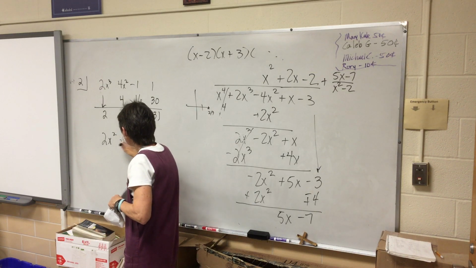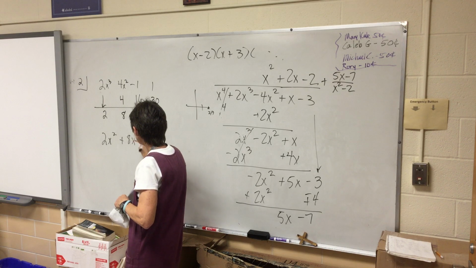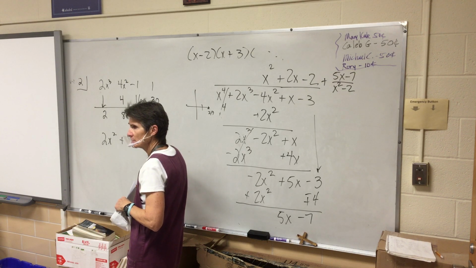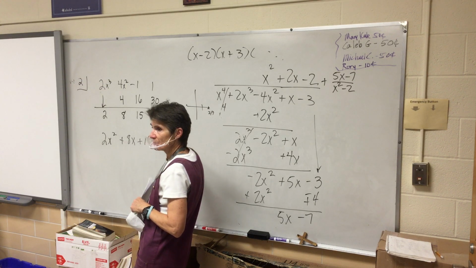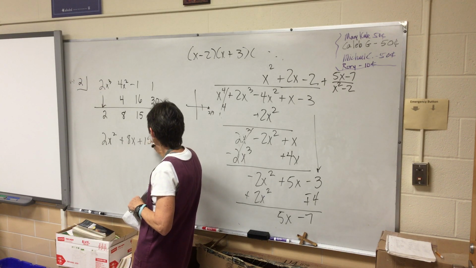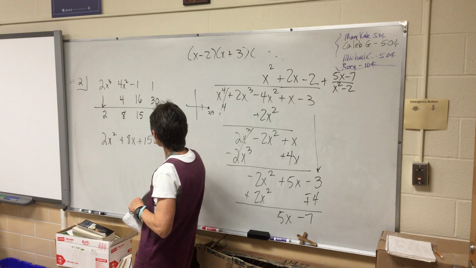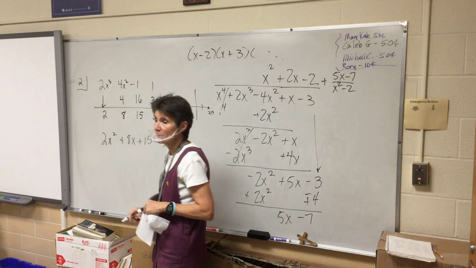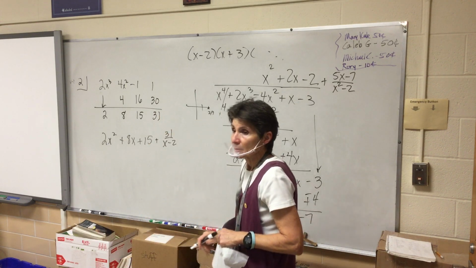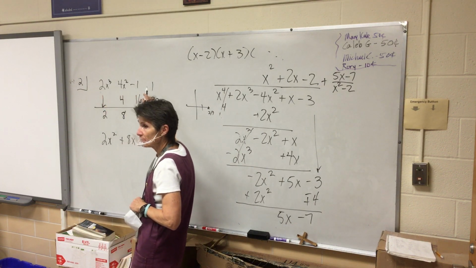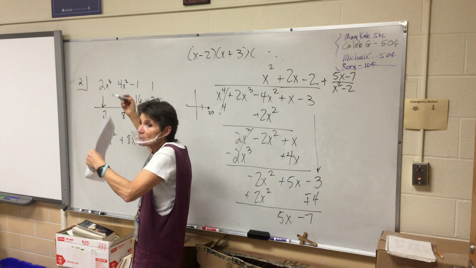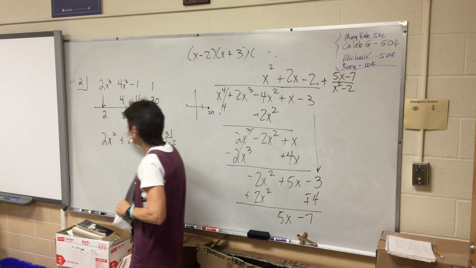And then you'll have an 8x and a 15. Okay, what's that? That's your remainder. This last number is your remainder. So the powers of the original problem, you have to reduce by 1 when you write your quotient.